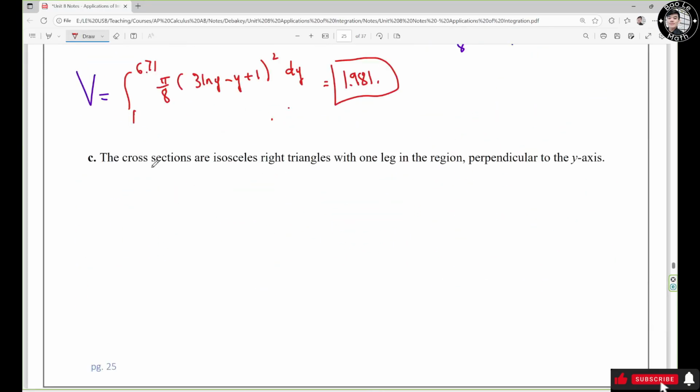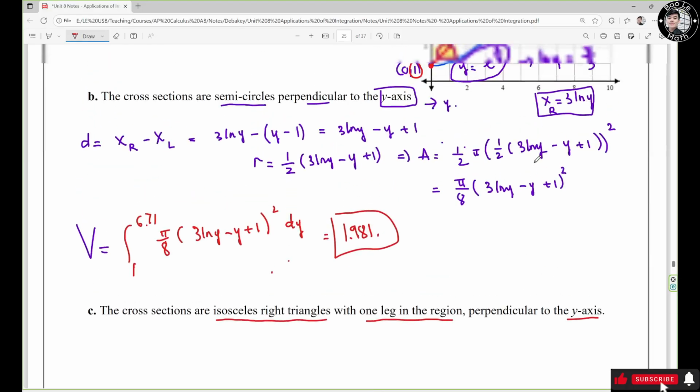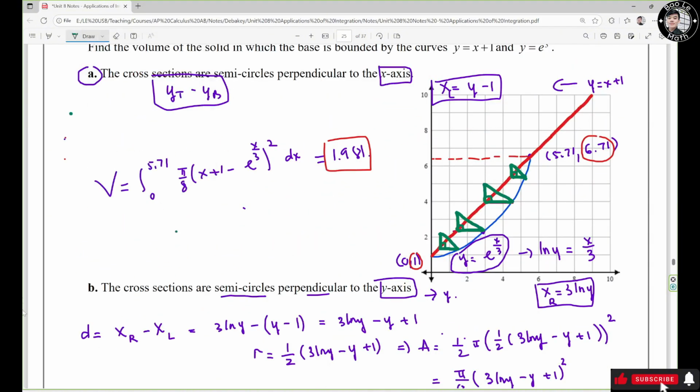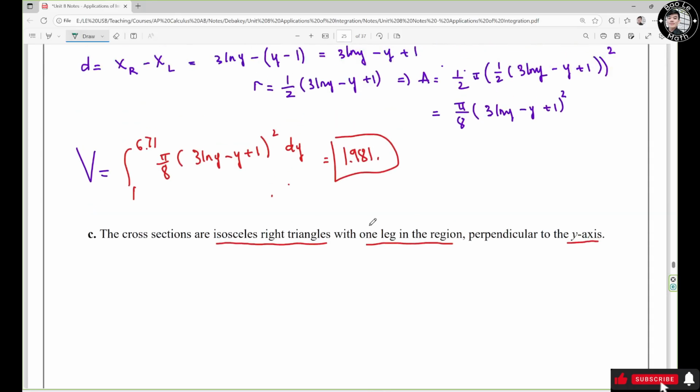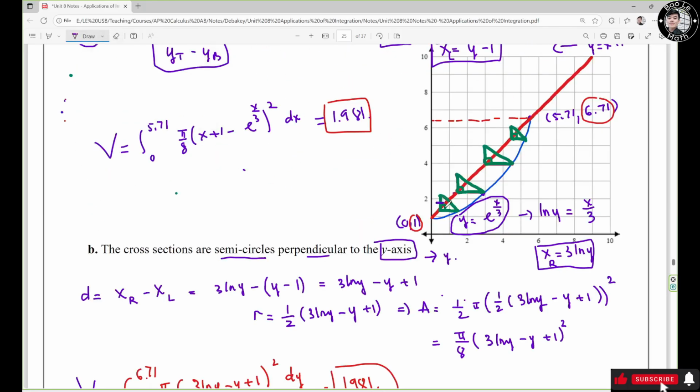Alright, now let's move on to question C. The cross sections are isosceles right triangles with one leg in the region, perpendicular to the y-axis. So we're going to sketch the figure again. If you do it right, it's going to be something like this. Now one leg is in the region, so this one right here and this one right here must be the same.